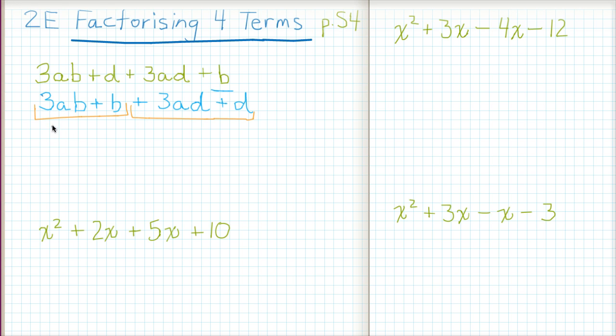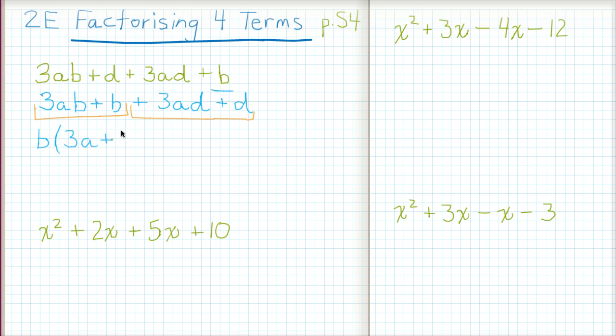Now I factor by grouping, by looking for something that's in common only between these first 2 terms. And that very obviously is the b. When I divide the first term by b, I get 3a. And b divided by b doesn't make them disappear. Remember, anything divided by itself is 1.